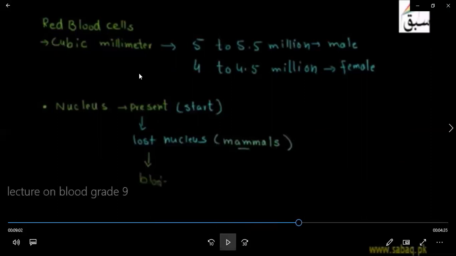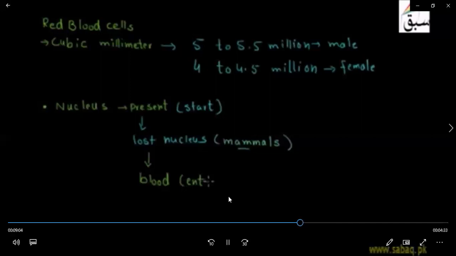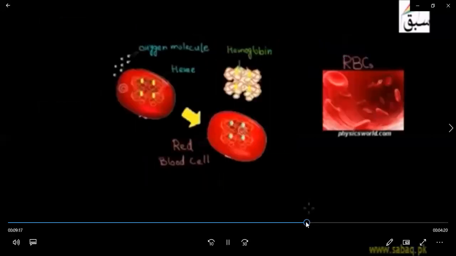When these cells are formed in the bone marrow, they have a nucleus while immature. But in mammals specifically, when they mature and move into the blood, they lose their nucleus. So they are anucleated. Red blood cells in a mature mammal are anucleated, meaning they do not have a nucleus.